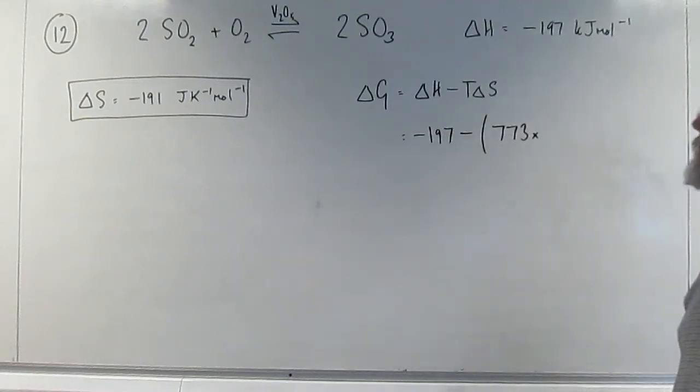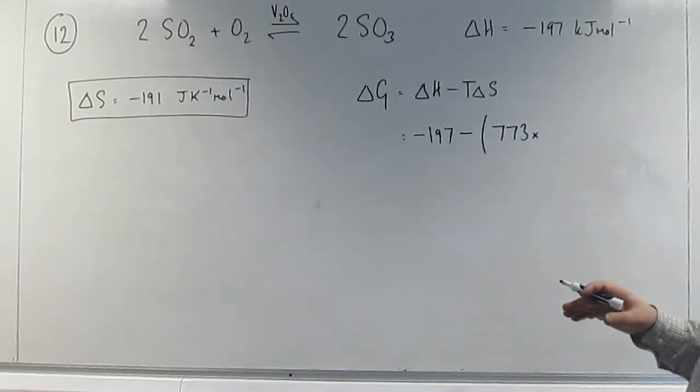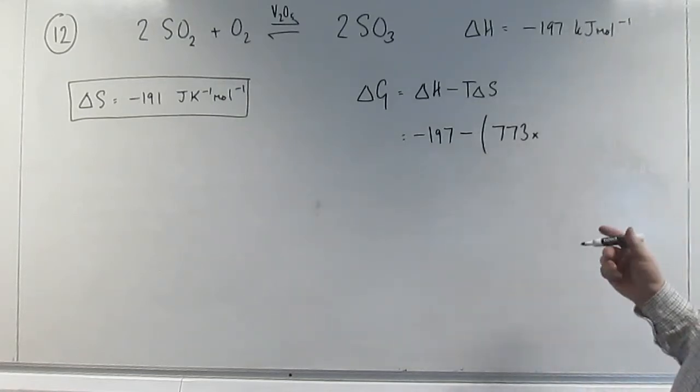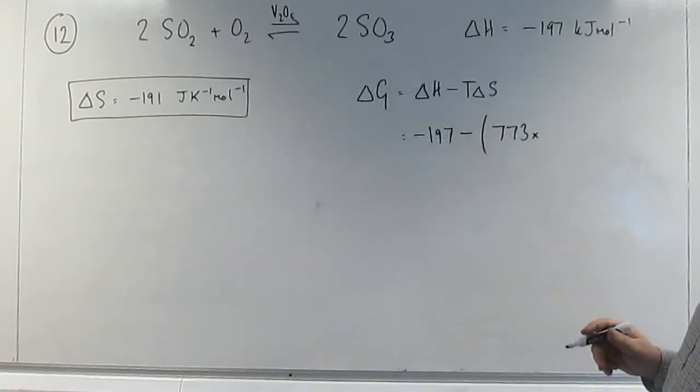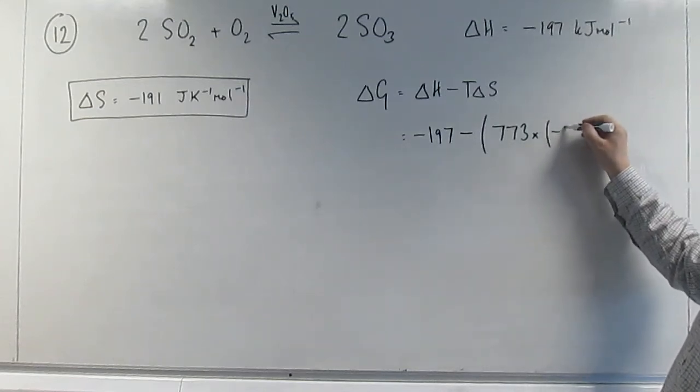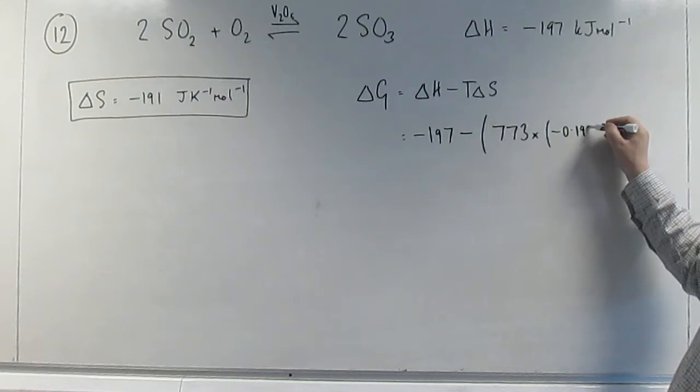And then delta S is minus 191 joules per Kelvin per mole, but it's got to be in kilojoules per Kelvin per mole to be compatible with this number in kilojoules per mole. So we've got to divide that by 1,000. So it's 773 times minus 0.191.